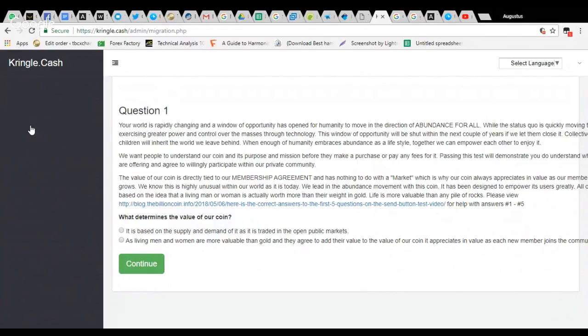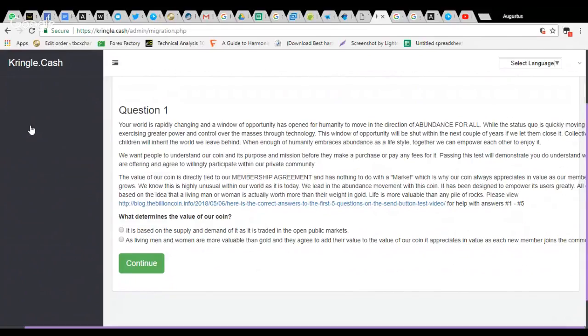The text says: your world is rapidly changing and a window of opportunity has opened for humanity to move in the direction of abundance for all, while the status quo is quickly moving to exercising greater power and control over the masses through technology.